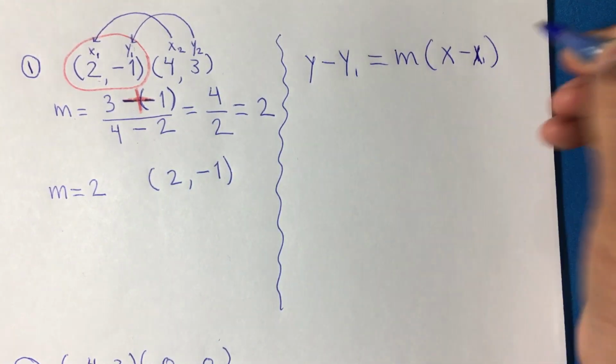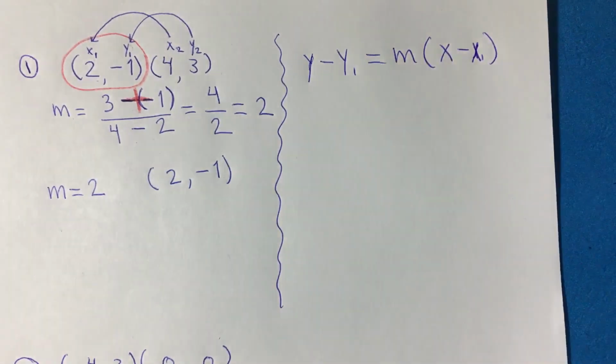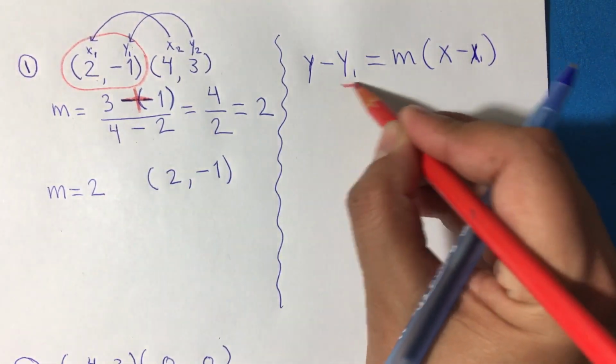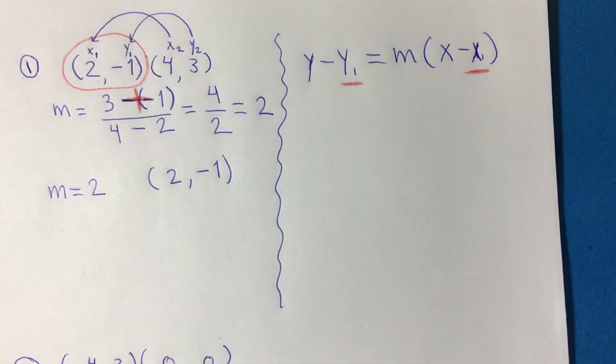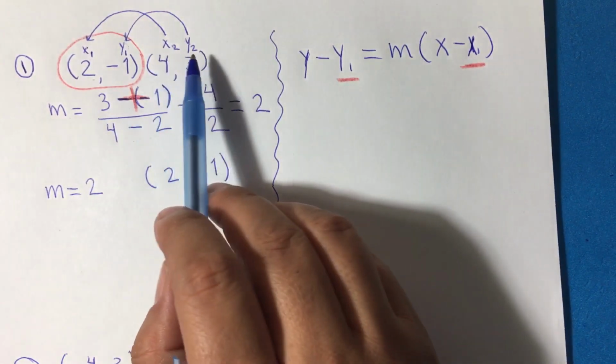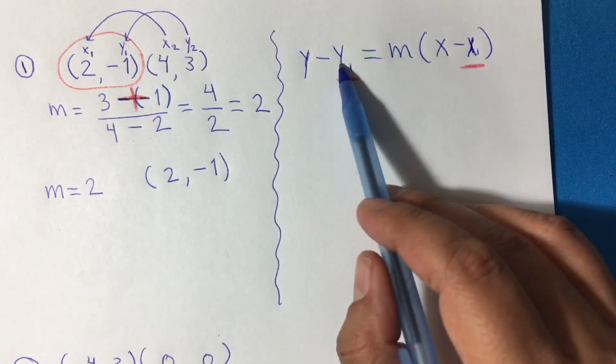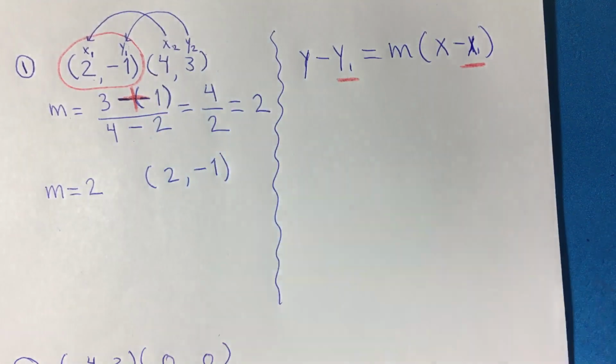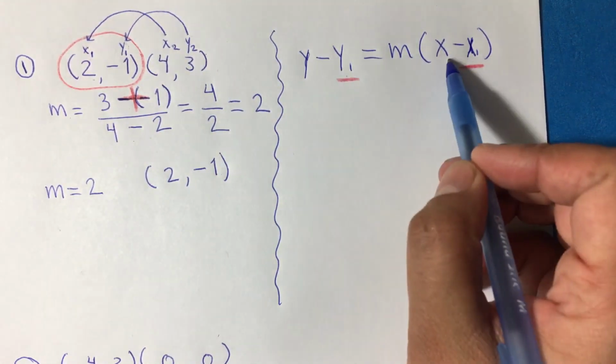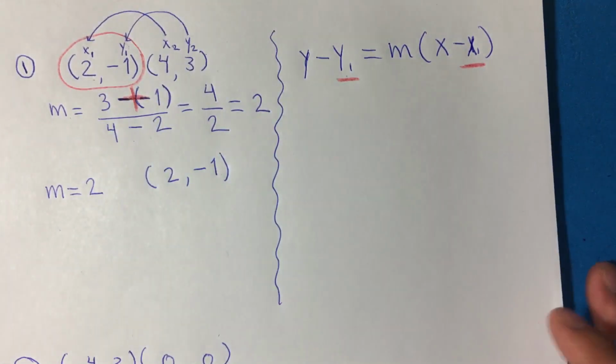Okay, when we have x1 and y1, in reality it can also be x2 and y2 if you decide to choose point 2, okay? It's the same thing. We're just replacing the information of the point that we choose, whichever it is.